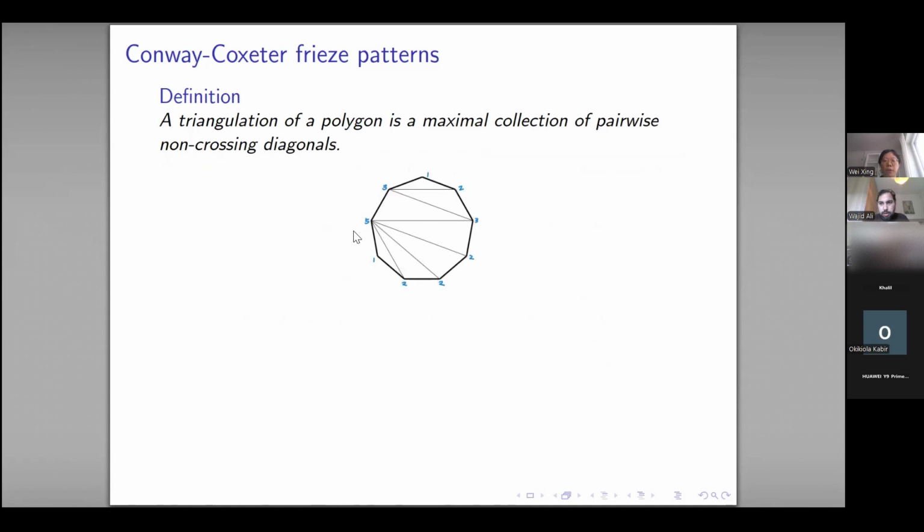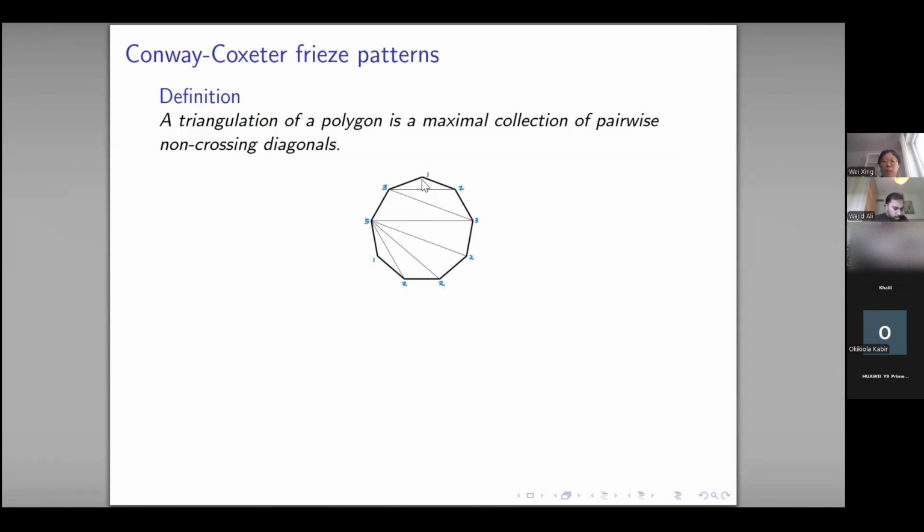We fix a polygon in a plane. A triangulation is a maximal collection of pairwise non-crossing diagonals. In that sense, this polygon is divided into a bunch of triangles. That's why it's called a triangulation.